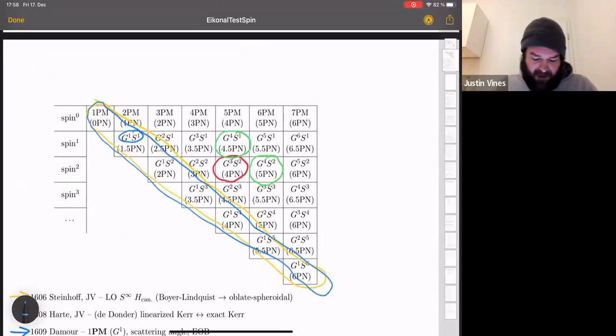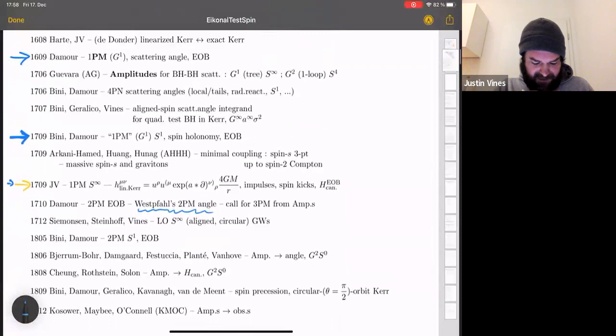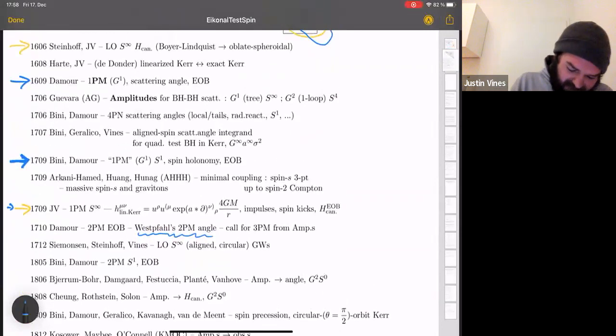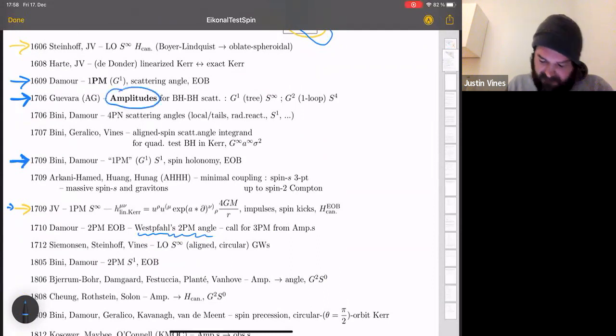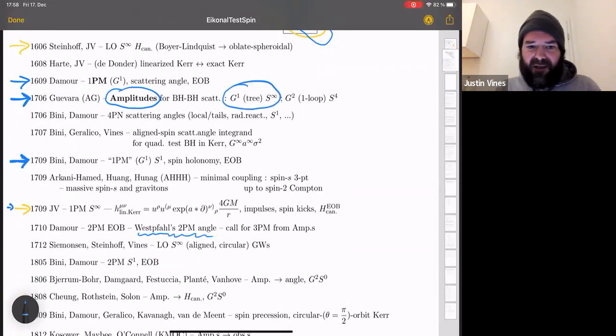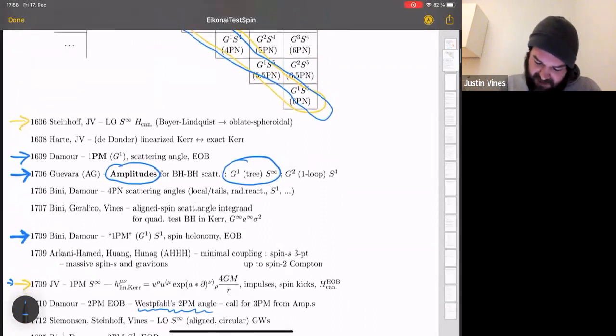Starting with, for example, my paper, but also another very important paper, which I will get to in just a moment, which you see was coincidentally very close at the same time by Alfredo Guevara, where very impressively, he looked at amplitudes, let's say first at tree level.